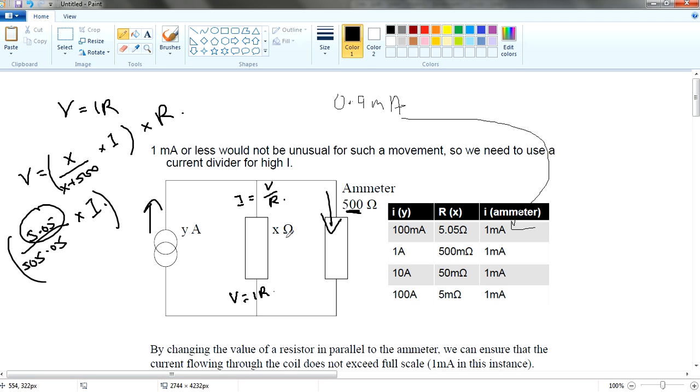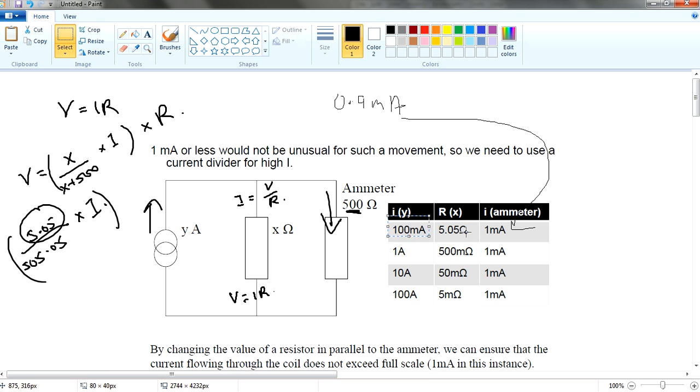So as you can see, this resistor is actually very low. If your ampere is high, you have a resistor that is small. If your ampere is small, you have a resistor that is big, like 5.05.